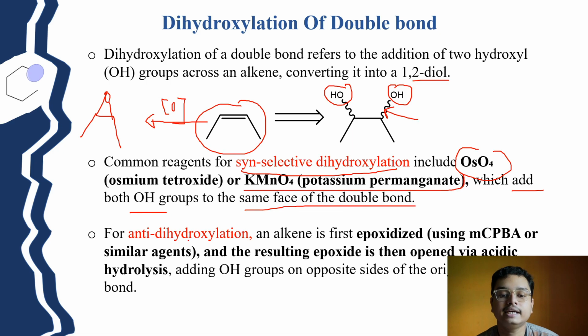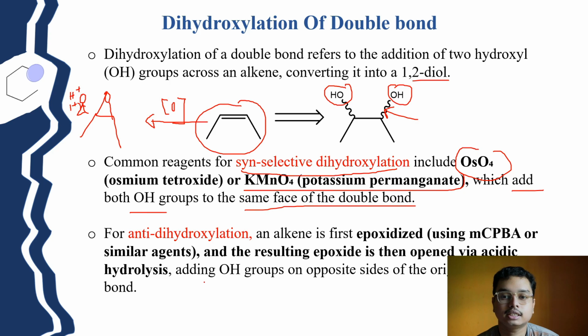For the anti-dihydroxylation, the normal method is epoxide generation: initially the epoxide is generated and then treated with acidic hydrolysis, that is H+ and H2O, to generate the trans diol.